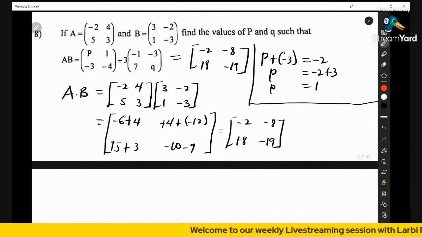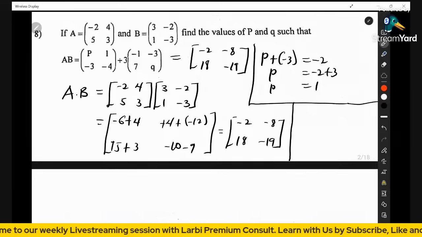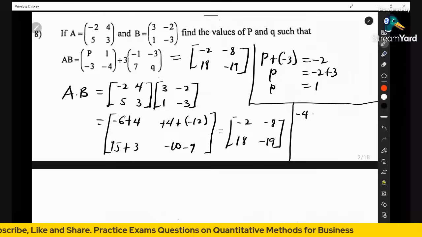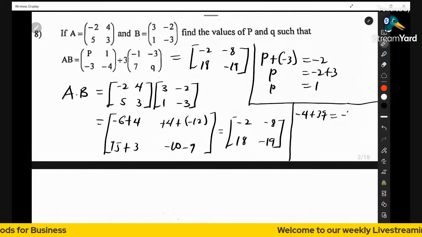So here we can write an expression for Q. In that line 2, we'll have -4 plus 3Q, and that should be equal to -19.